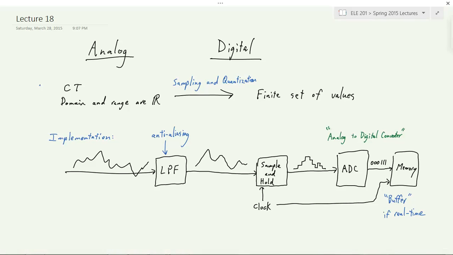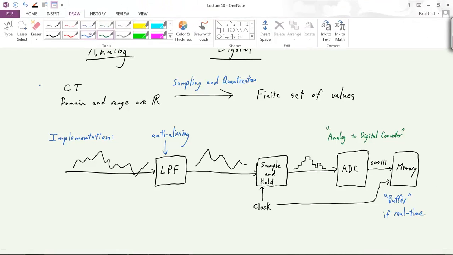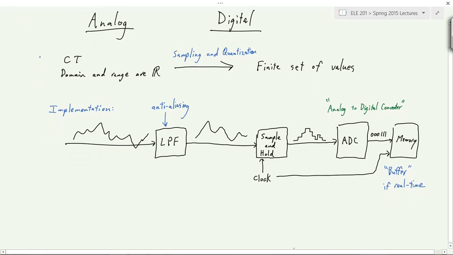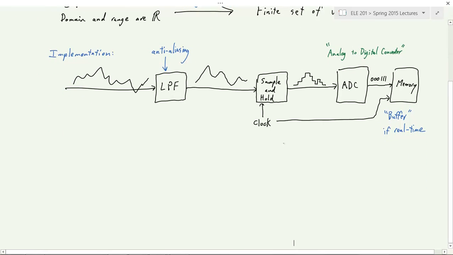Okay, we've talked about some of this before. For example, suppose your signal was band limited so that this anti-aliasing filter actually didn't do anything. It wasn't needed. Then to this point right here, you actually have no loss of information.